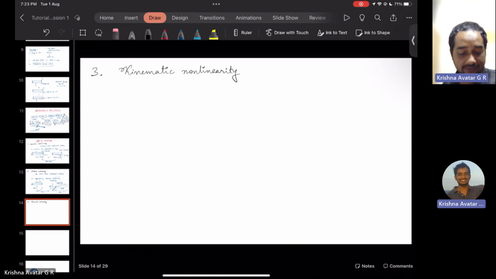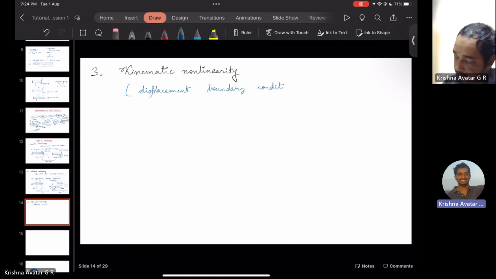The kinematic nonlinearity has to deal with, as I had mentioned, one thing, which is that the displacement boundary conditions depend on the deformation of the body. Okay, so this is what is kinematic nonlinearity.